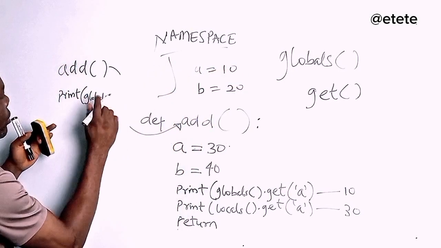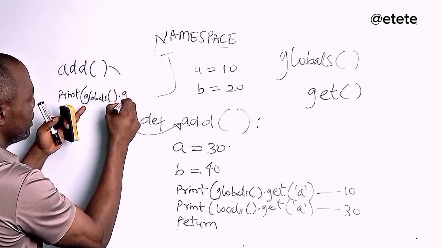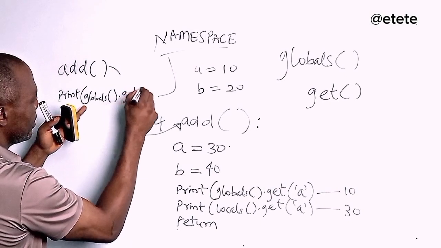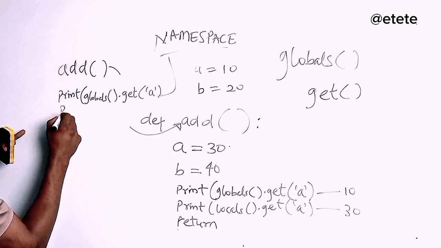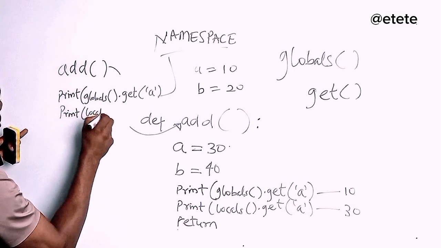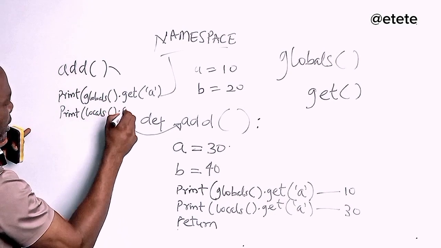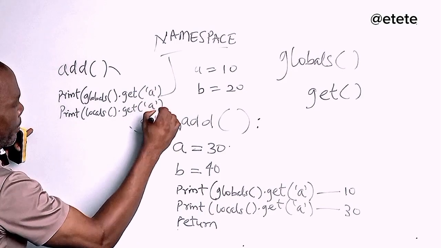So this one, globals function dot get A, and then this one I'll say print locals function dot get A, right?